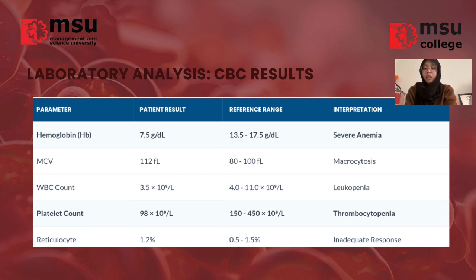The white blood cell count is slightly low at 3.5 times 10^9, indicating mild leukopenia. The platelet count is significantly reduced at 98 times 10^9, confirming thrombocytopenia. The reticulocyte count is 1.2%, which represents an inadequate bone marrow response to the severe anemia.